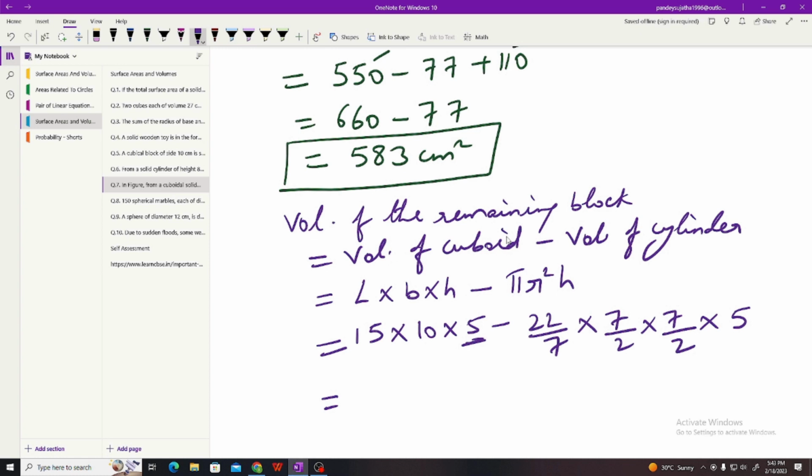Solve it. 15 into 5 is 75. 75 into 10 is 750, minus, cancel here. So it is 11 into 35, which is 385 upon 2.